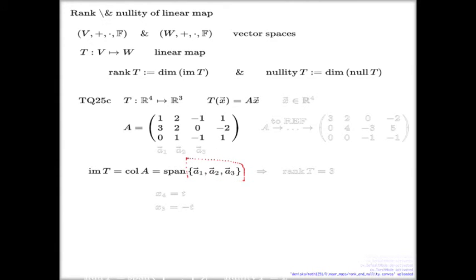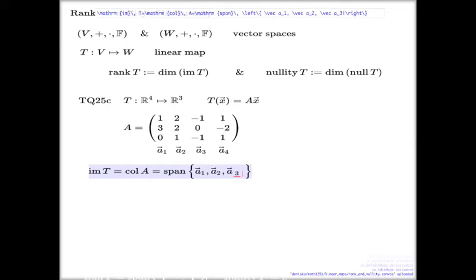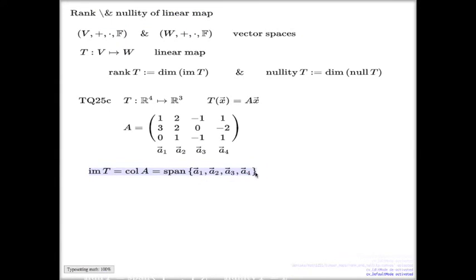It's supposed to be 4. Yes, this is the A1 vector, this is A2, this is A3. My apologies, it's supposed to be 4 vectors, not 3. So the image of my linear map is the span of the columns of this matrix, A1, A2, A3, A4.